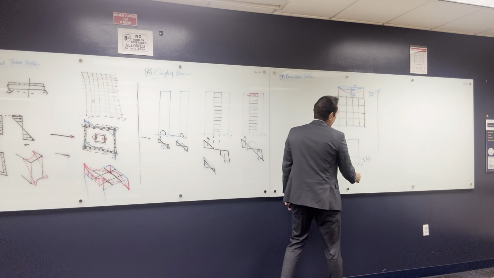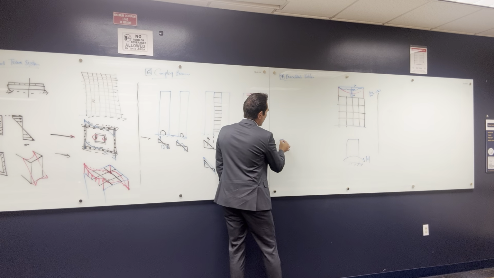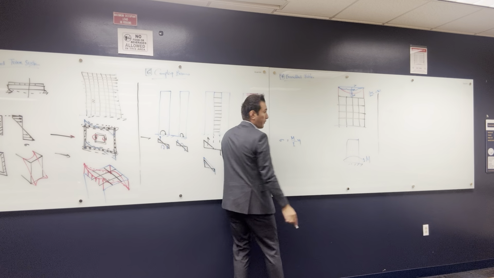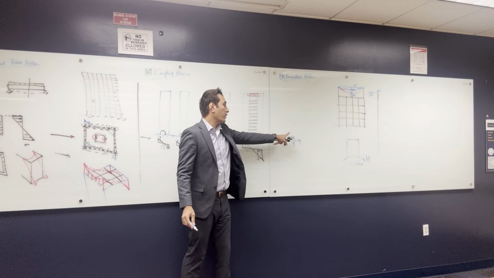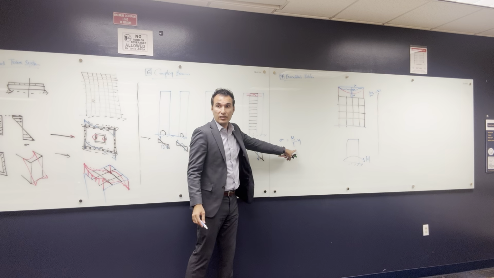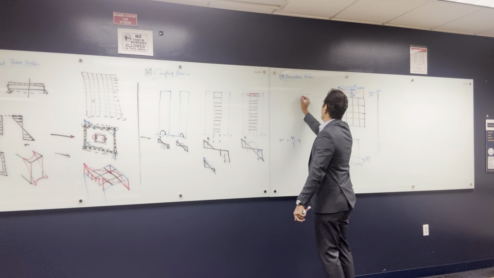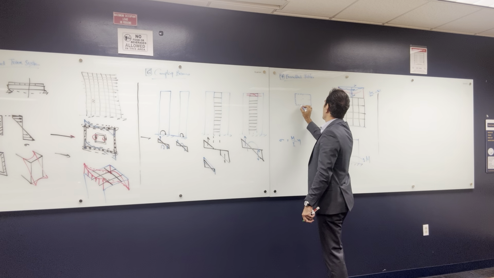So if you have a moment M, if you guys remember, sigma equals M over I multiplied by Y, right? Do you guys remember this? If you want to find the stress, you divide the bending moment over the stiffness and multiply it by Y. What is that? Like if you have, this is your building, and these are the columns that you have here. This is your tube system.